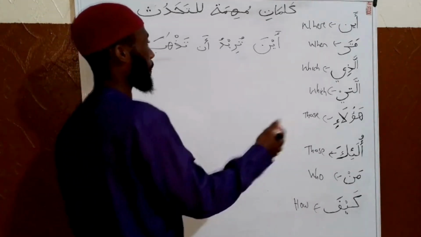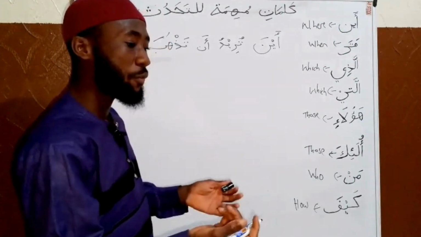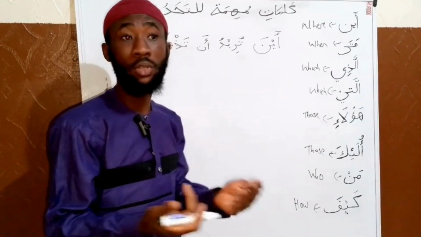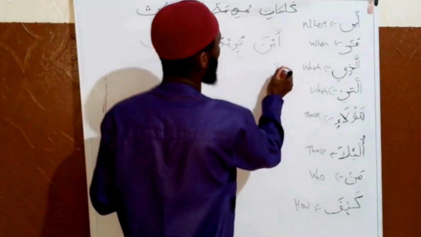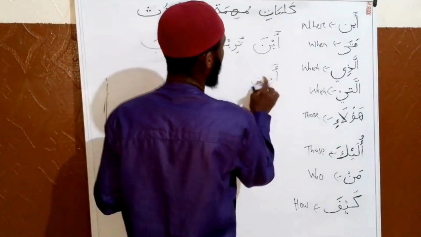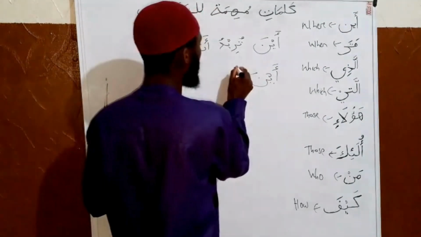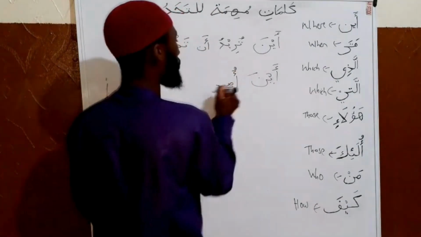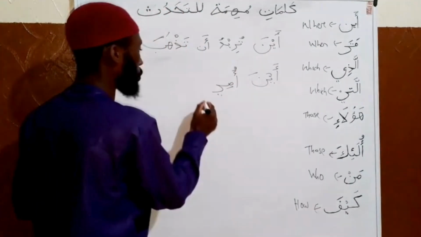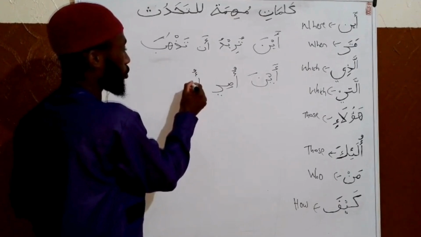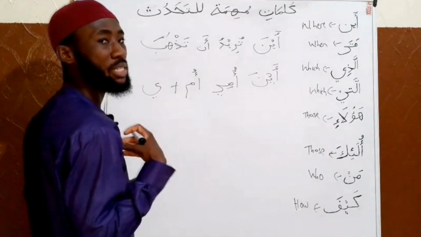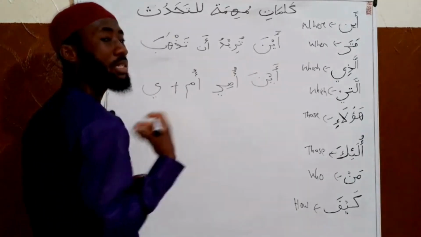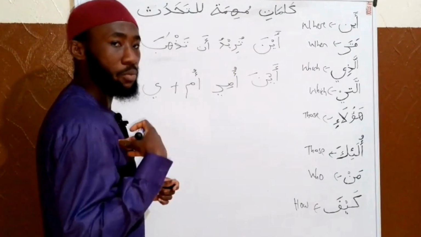Now, let's say, how do you say, where is my mother? You already know that. Ummi, that is my mother. I use aina, aina ummi. Ummi is ummu plus ya, the ya of the speaker, referring to myself, ya al-mutakallim.